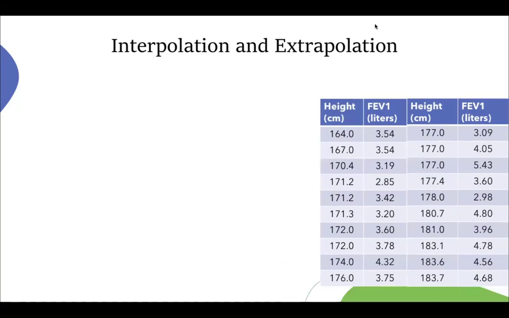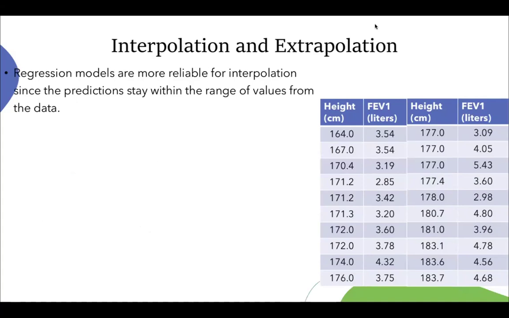Okay, so what does it mean to be interpolated and extrapolated? Well, it does affect reliability. Regression models are more reliable for interpolation since predictions stay within the range of values from the data. So our regression equation is most accurate for heights between 164 and 183.7.